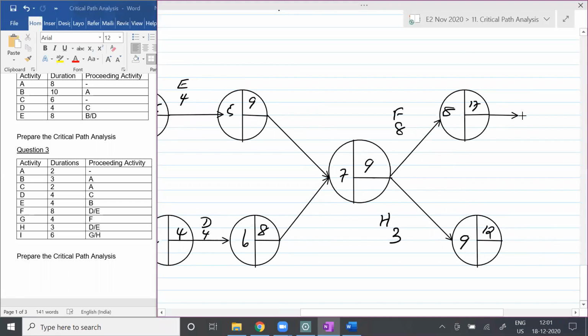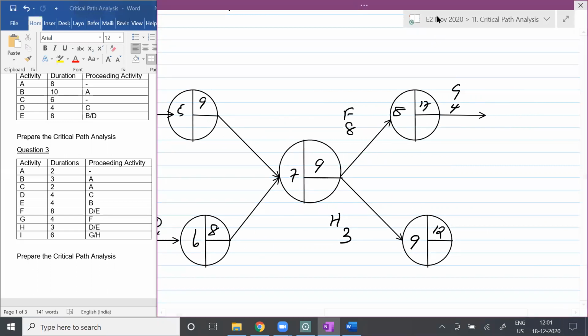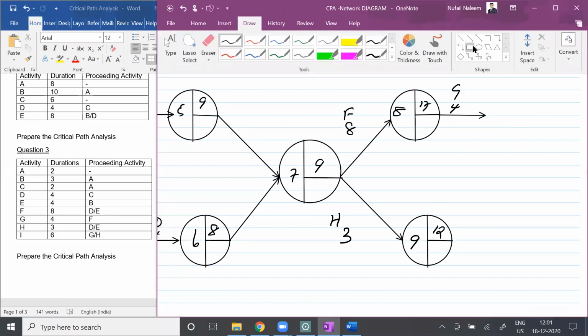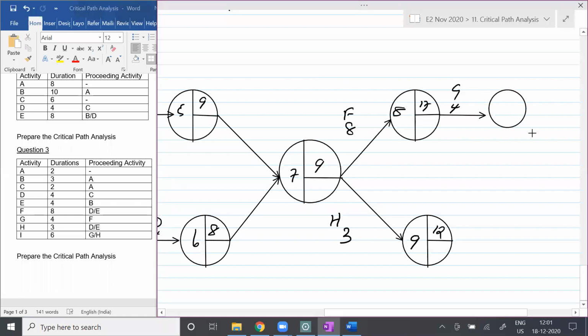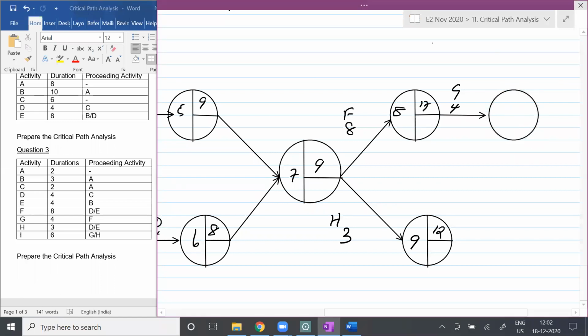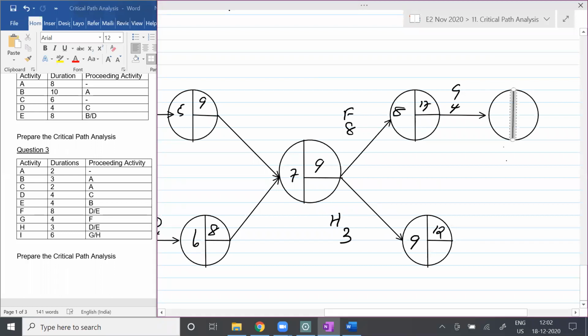So let's assume F is completed within 17 days, then you can do the activity G for a period of how many days, students? 4 days. Any questions there, students? No questions there. So what I'm going to do next is, can we complete this, students? Yes, we can do the completion.